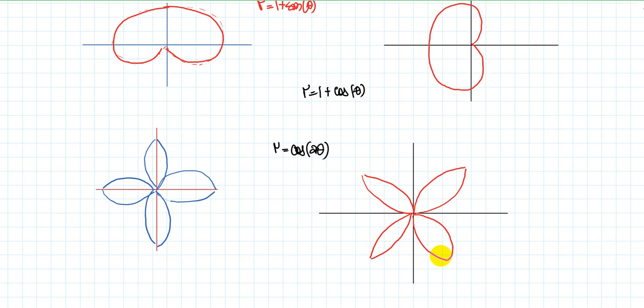This is the graph of the curve r is equal to sine of 2 theta. So these are examples of polar curves, basically the curves defined in polar coordinates in the form r is equal to f of theta.